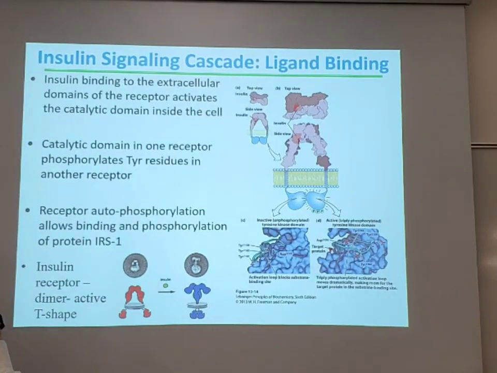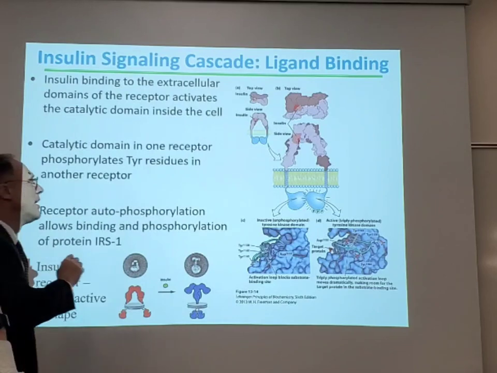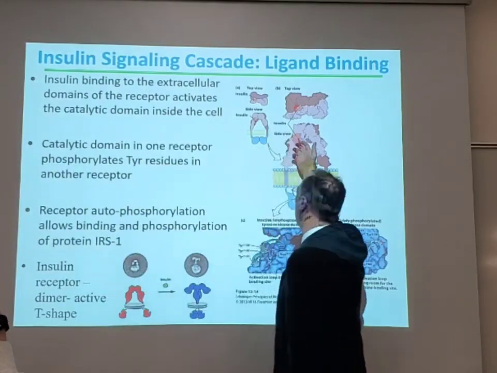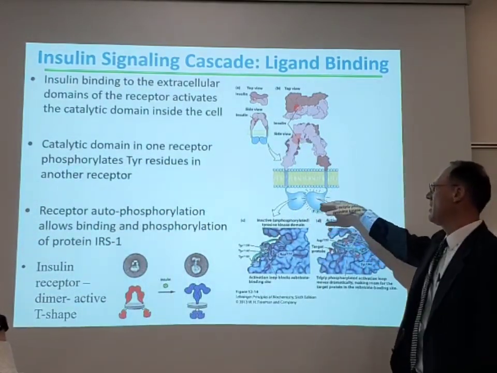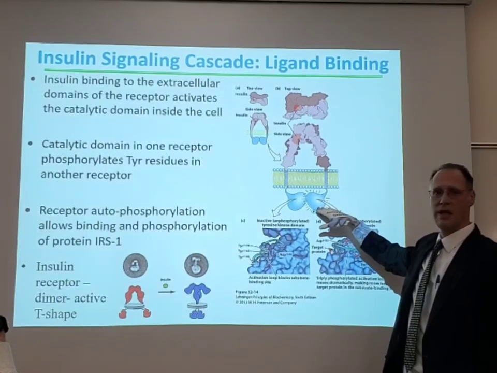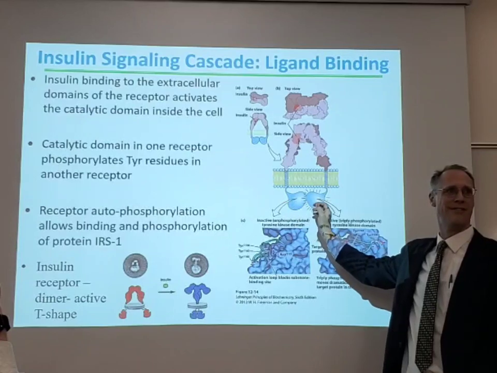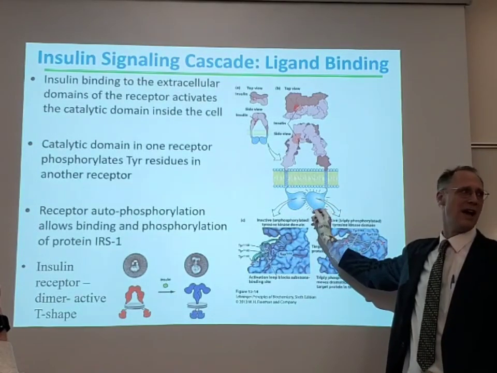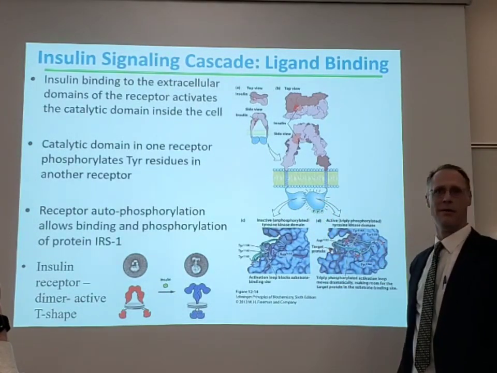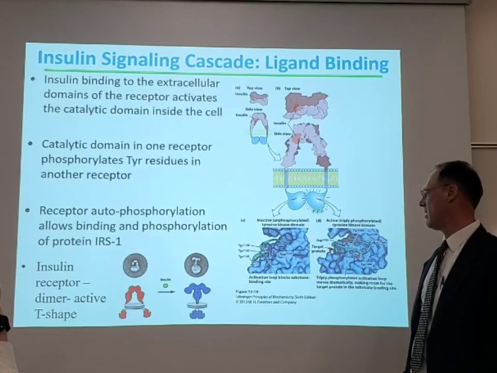It's a dimer. It exists in the membrane as a dimeric form. Incoming insulin binds to it, activates it, and it tends to then phosphorylate itself in its now active form. That's interesting.